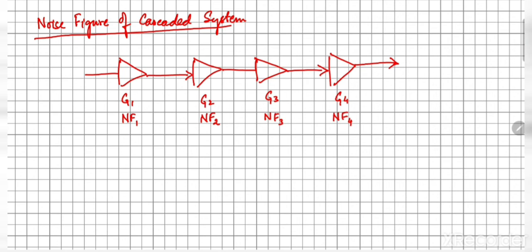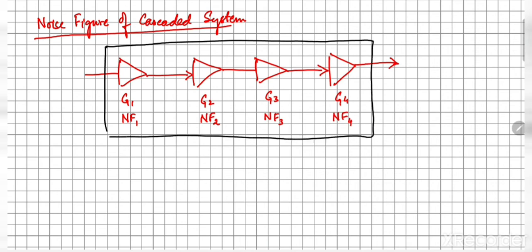And the basic question that we are interested in right now is, we are very clear that the total gain of the system will be equal to G1 times G2 times G3 times G4. But what will be the total noise figure of this particular system is basically the question of interest.